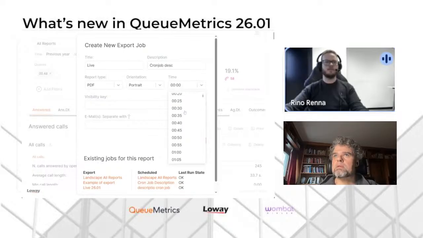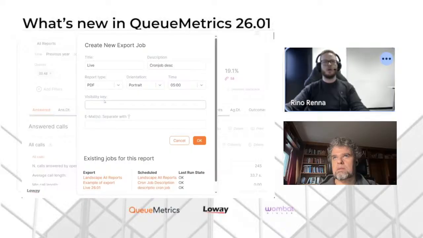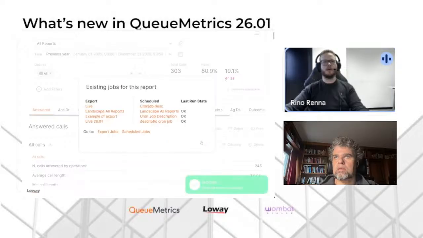In this case, we're going to be on 5 a.m. If you want to be protected by a visibility key, in this case none, and the mail, for example, I'm going to put my email. So now we know that the export job has been created, and if you want, you can simply click on the newly created export and it will redirect to the right section where you can add or modify what you have already done.